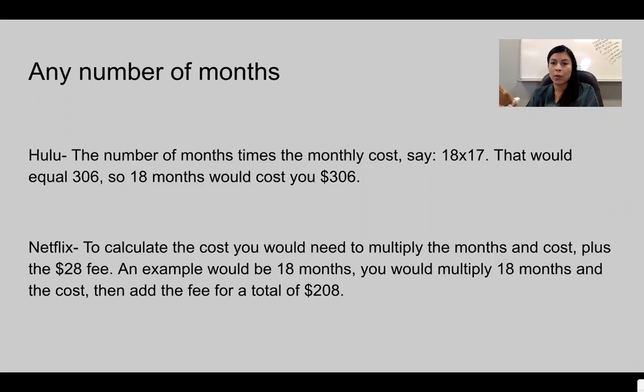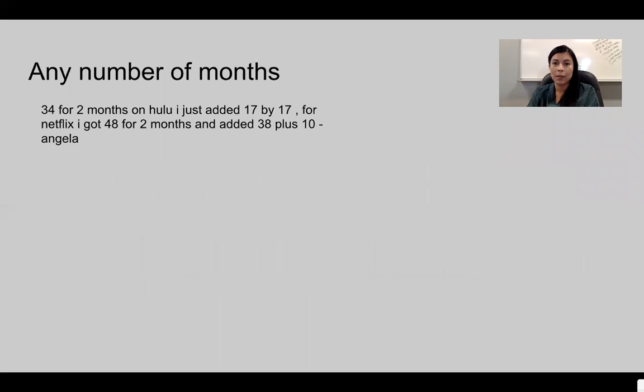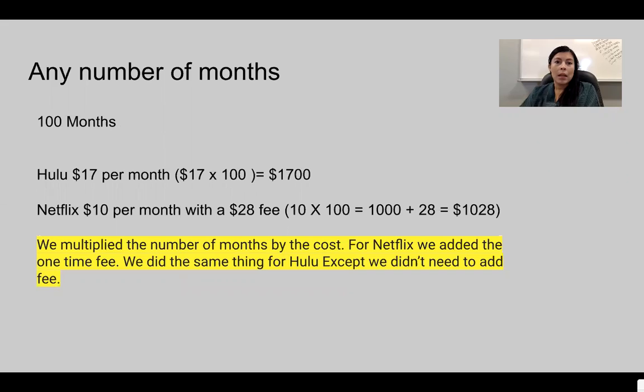So when you do your Go Formative, make sure it doesn't look like these examples, where it's a specific number. Right here again, they were talking about 2, but we're not talking about 2 months. We're talking about any number of months. Here they did the same thing again, they did 100 months. Again, not what we're doing.